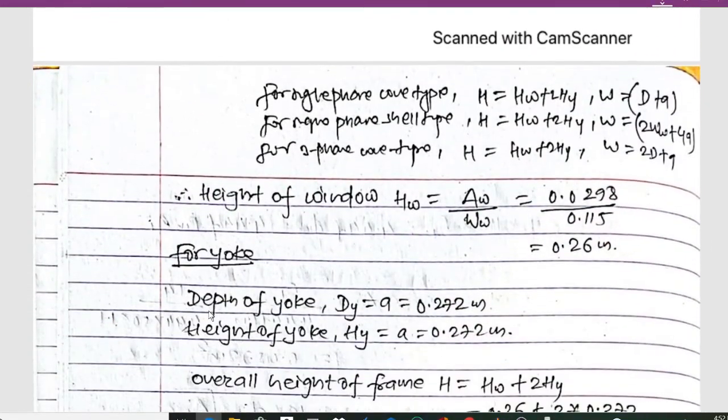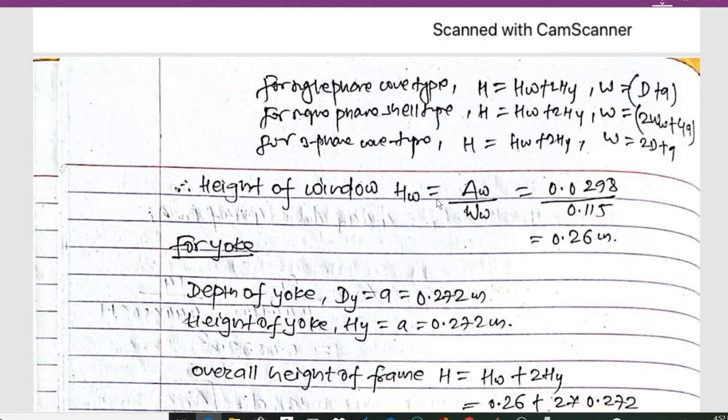And here the height of window Sw is given as Aw upon Ww, and here we have obtained the value of Aw as 0.0298, and Ww as 0.115. And here I have listed a formula, and altogether there are 3 conditions. In the question, if it is for single phase core type, remember this is for core type, the overall height will be S equals Sw plus 2Sy, and W will be D plus a.